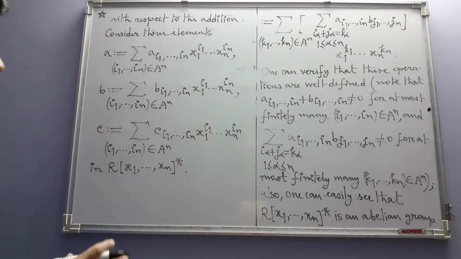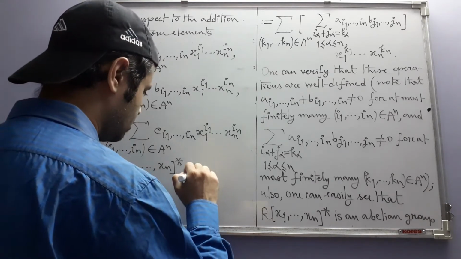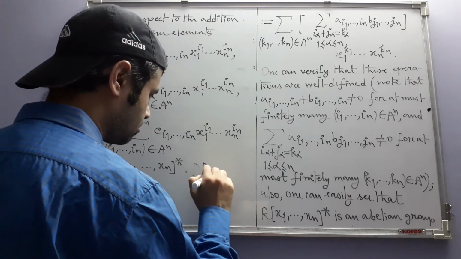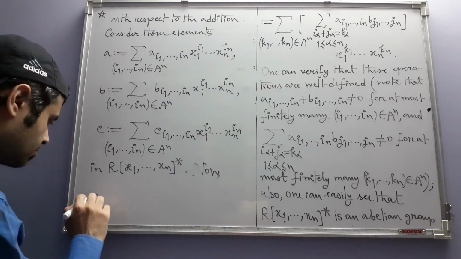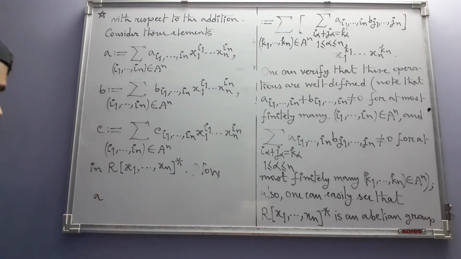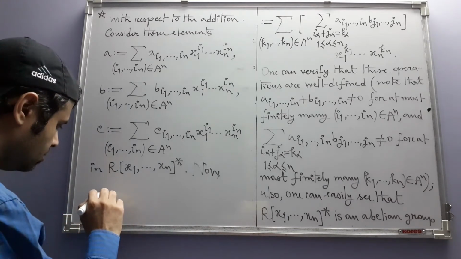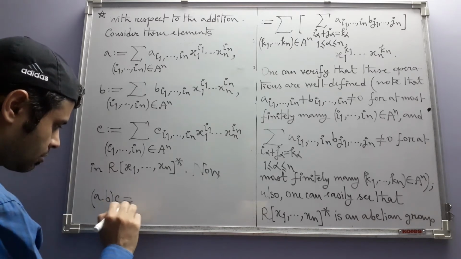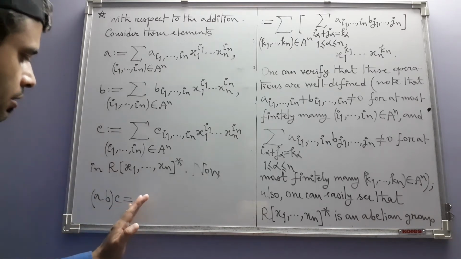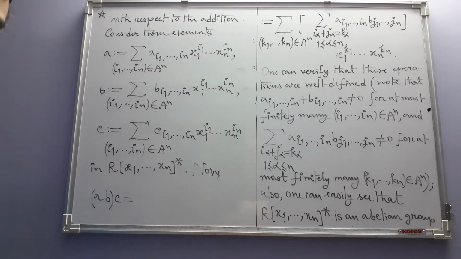We are first going to verify that multiplication is associative. Okay, so we start the big calculations. First we calculate AB times C. In this step itself, we write the expression for AB.